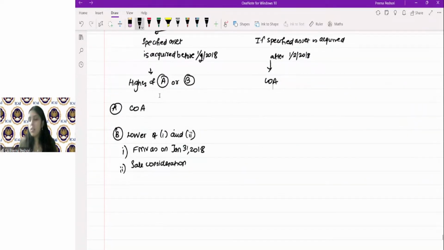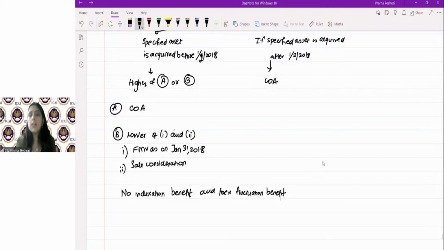Here, no indexation benefit is available in this particular case. No indexation benefit and forex fluctuation benefit. So the first and second proviso to section 48 are not applicable. Clear? Are we clear?